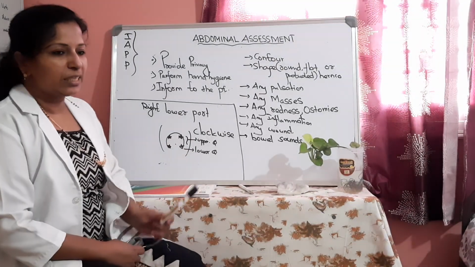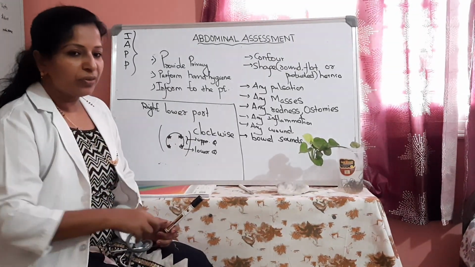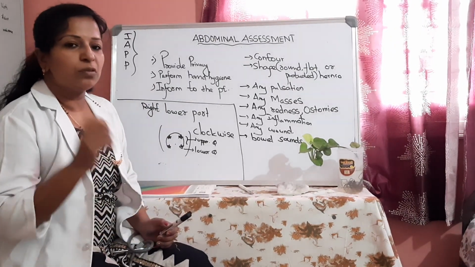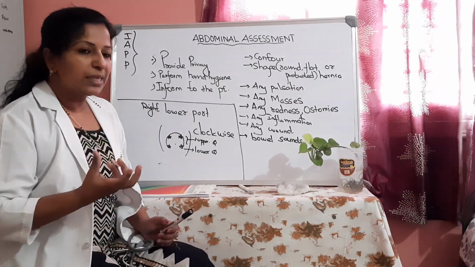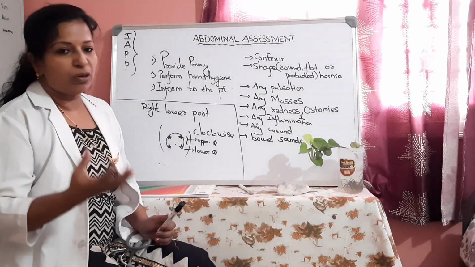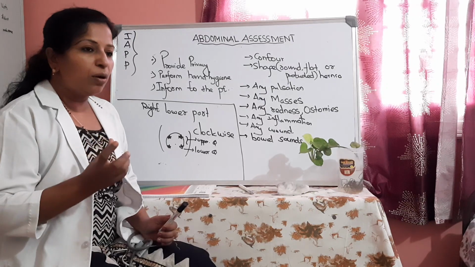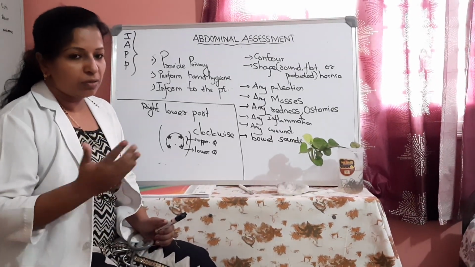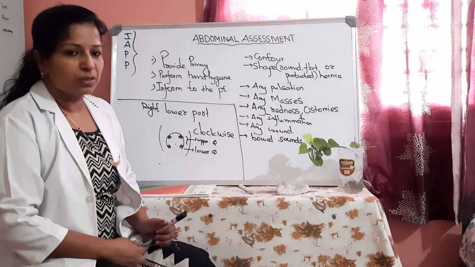You have to auscultate with the help of the diaphragm. After that you have to auscultate the sounds of the arteries, any pulsation of the arteries, any blowing or any sound which is heard, in case of renal arteries or iliac arteries.